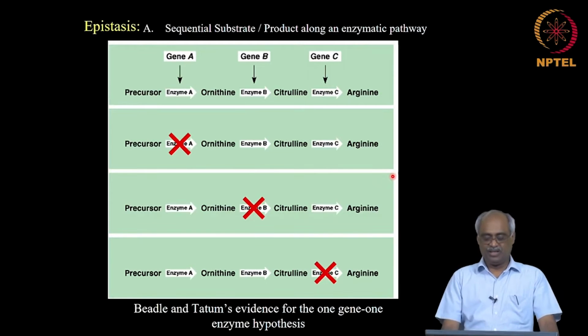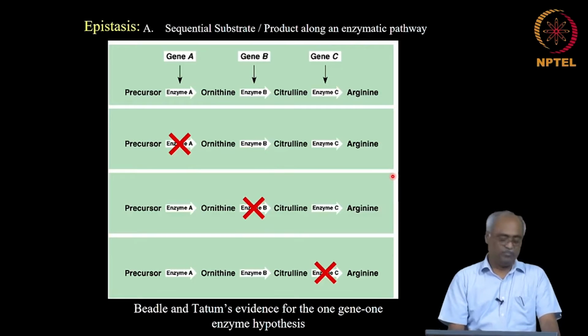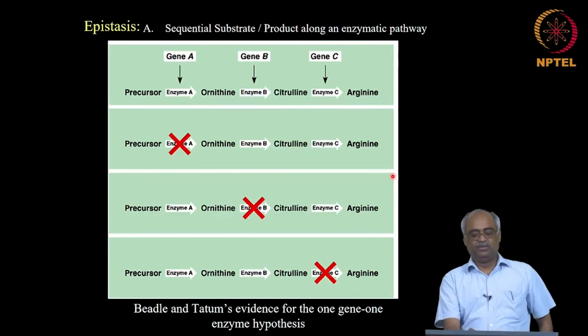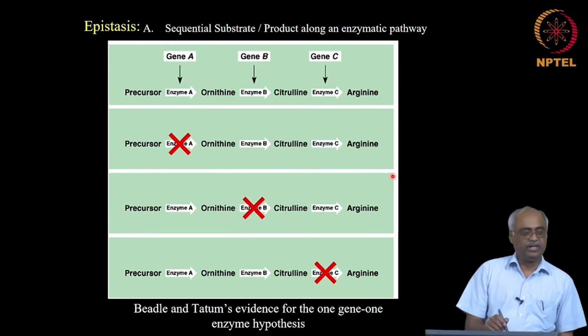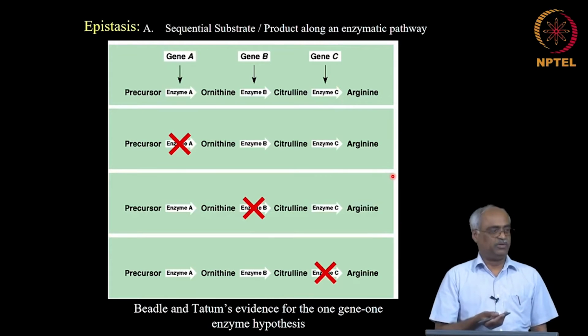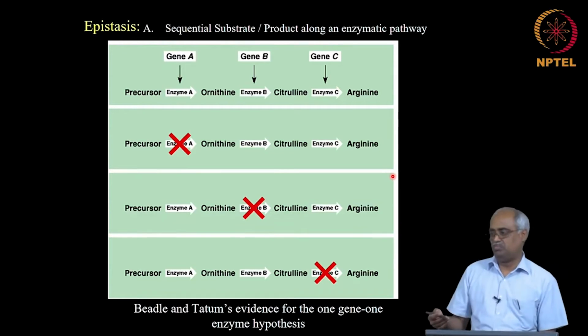So all of you know Beadle and Tatum discovered this one gene, one polypeptide hypothesis, right. Originally of course it was one gene, one enzyme as illustrated in this cartoon. But eventually we know that it is one gene, one polypeptide, right. So here they have mutations. The way they are checking phenotype is what is the precursor you need to give or what is the product being made.